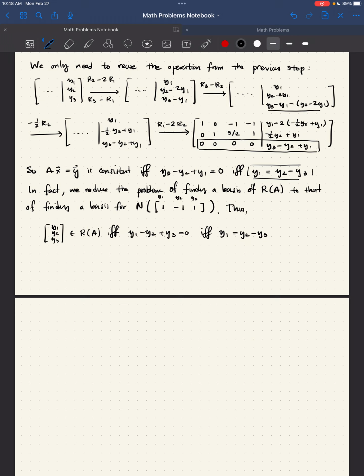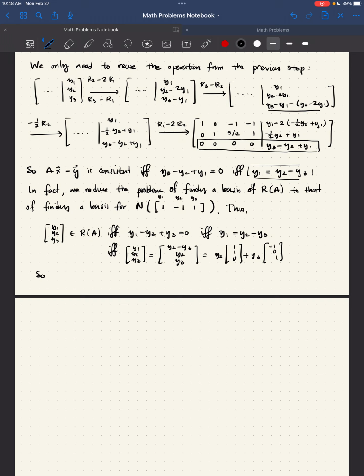And just as before, we can explicitly rewrite the following. This happens if and only if (y1, y2, y3) is equal to (y2 minus y3, y2, y3), which we can decompose as y2 times (1, 1, 0), plus y3 times (negative 1, 0, 1).